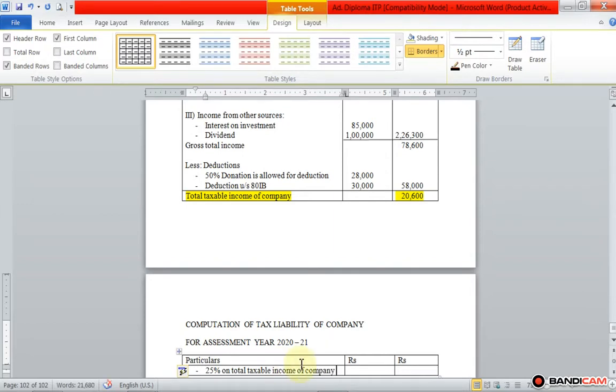So here the computation is 25 divided by 100 multiplied by 20,600. We get a tax amount, that is 5,150.